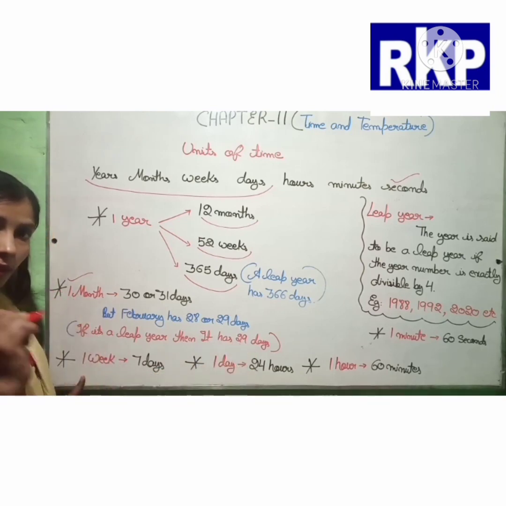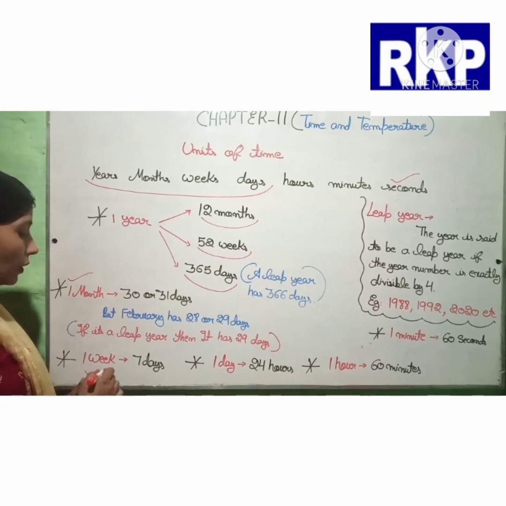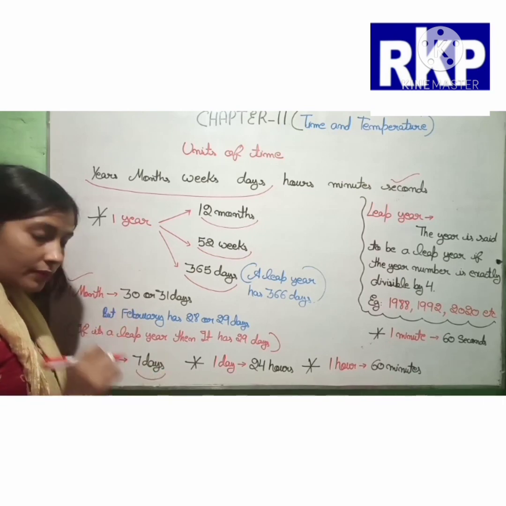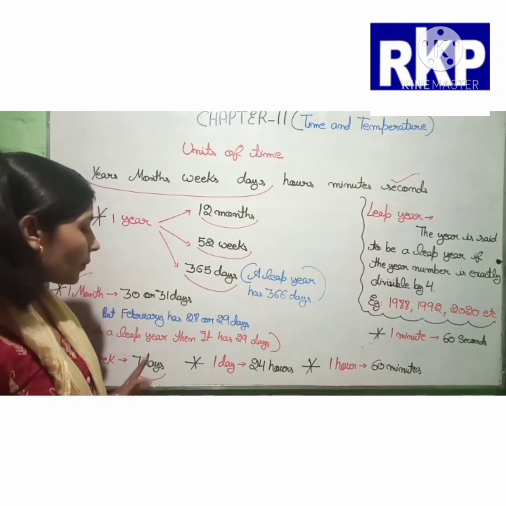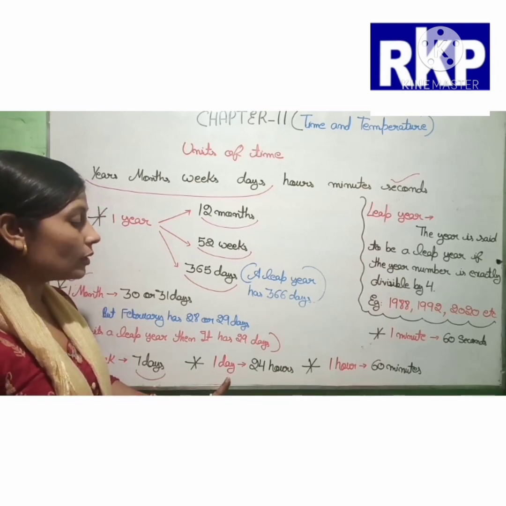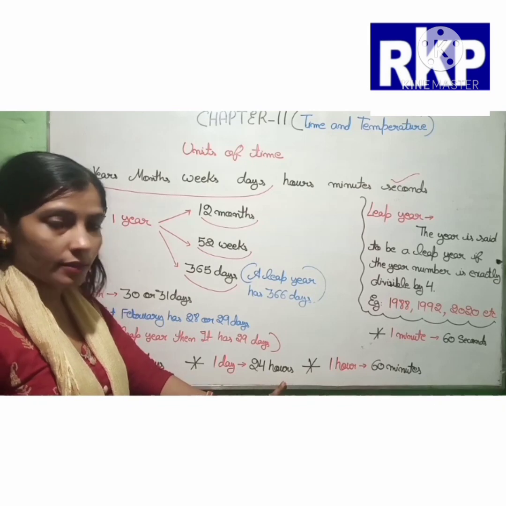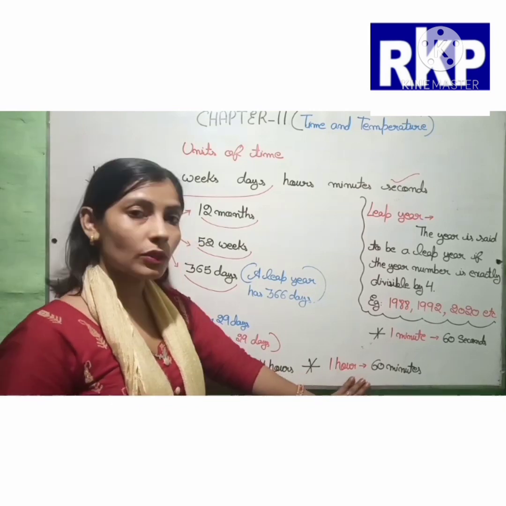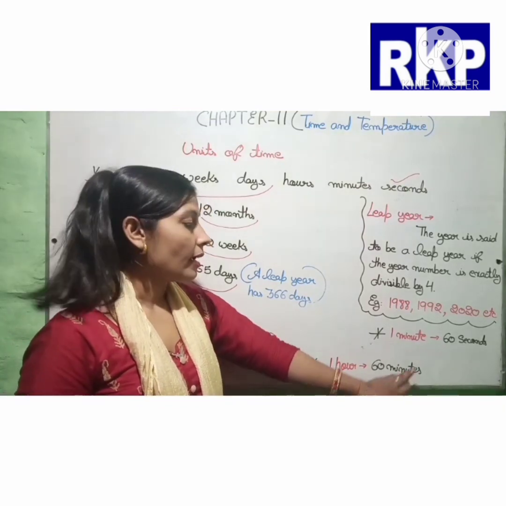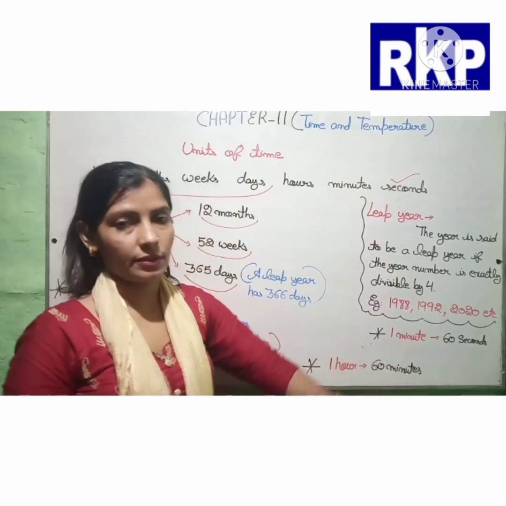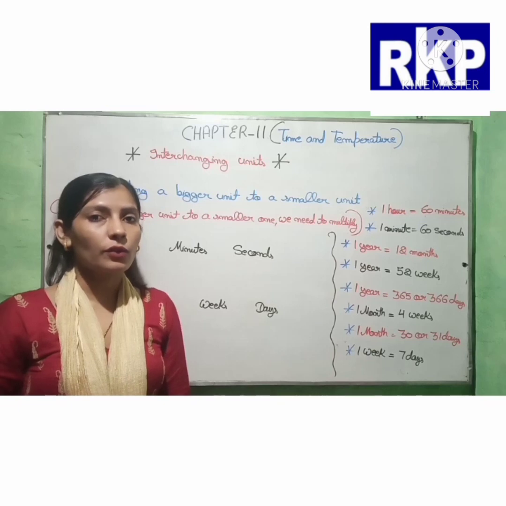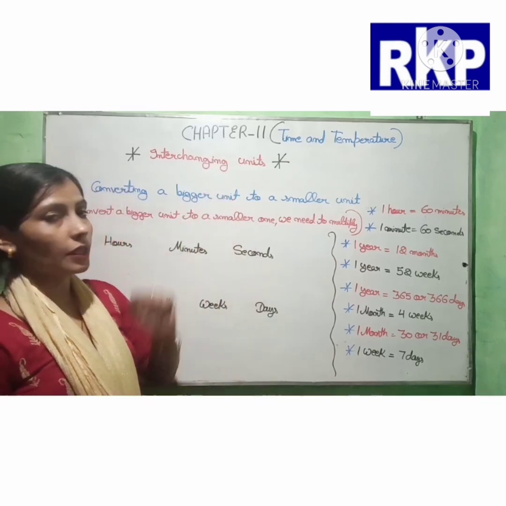Now let us see what is the relation between week and days. Yes, 1 week is equal to 7 days. 1 day is equal to 24 hours and 1 hour is equal to 60 minutes and 1 minute is equal to 60 seconds. Now students, let us see how can we interchange the units.